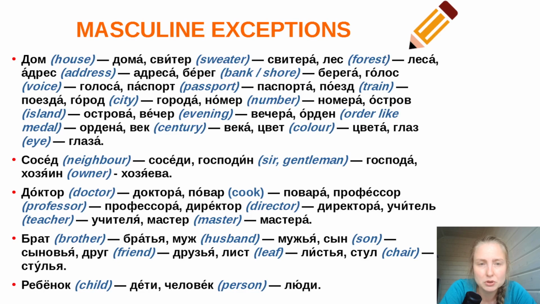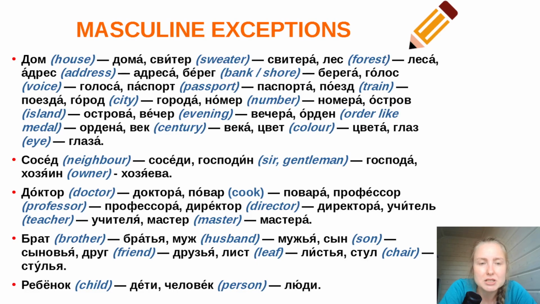So here in the first group, everywhere we have ending "a". Ending "a" is typical for neuter nouns, but here it is used with masculine words. No logic, you need just to remember them.